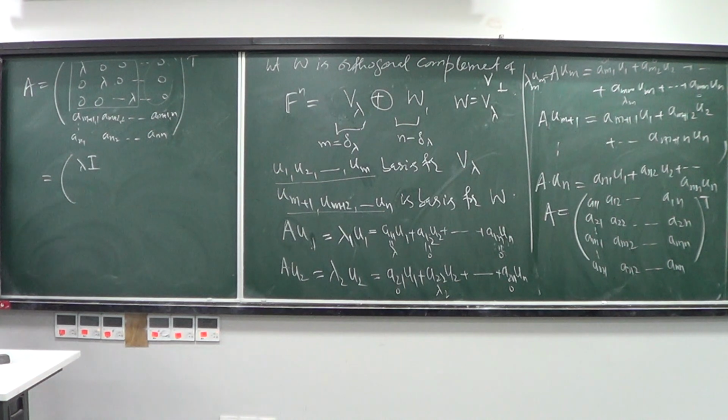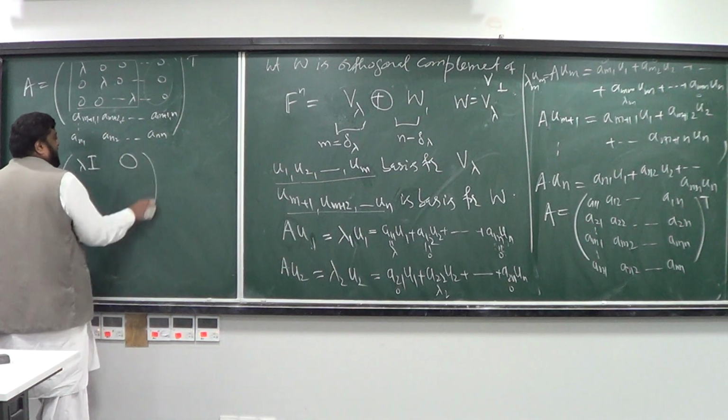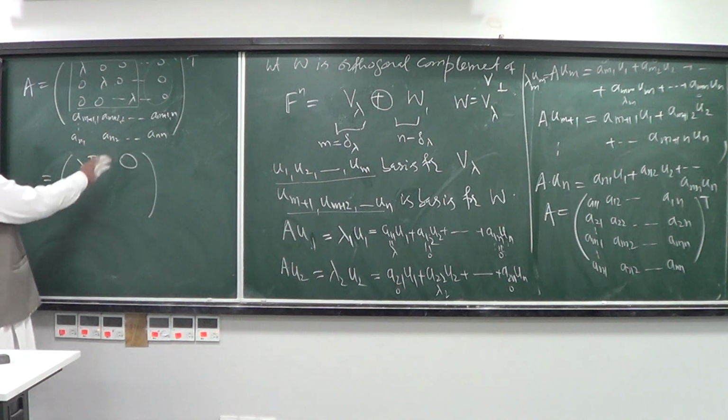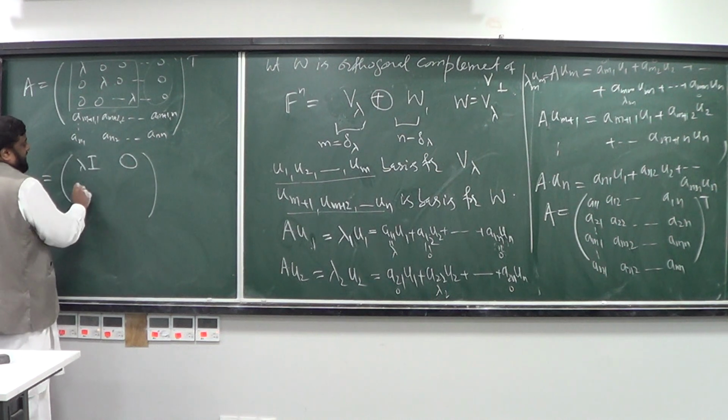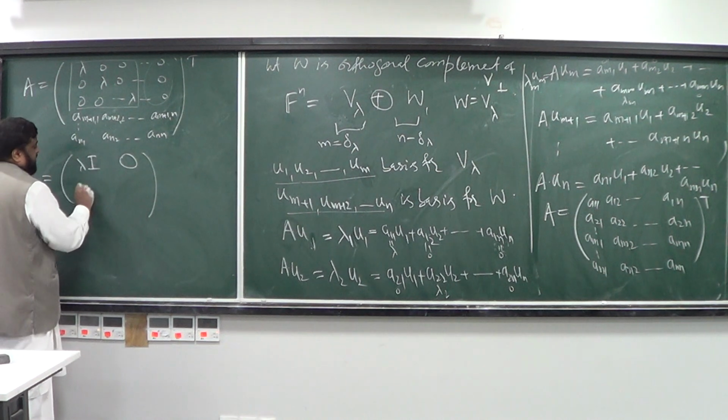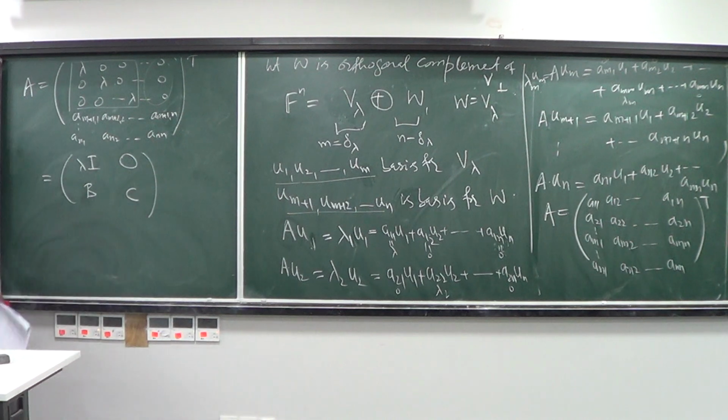I'll write its order in a moment. And this is a zero matrix. And you can put these two matrices in the form of some matrix, say let's call it B and let's call it C, it doesn't matter.